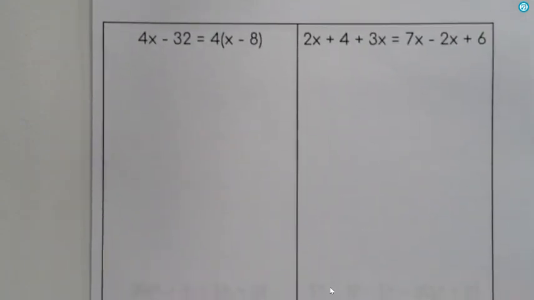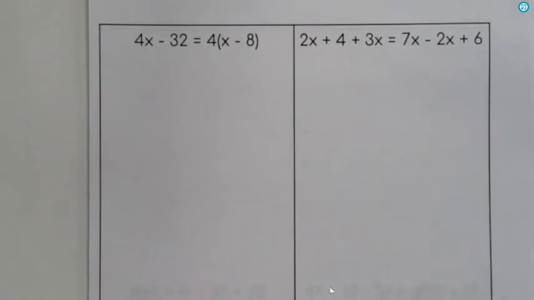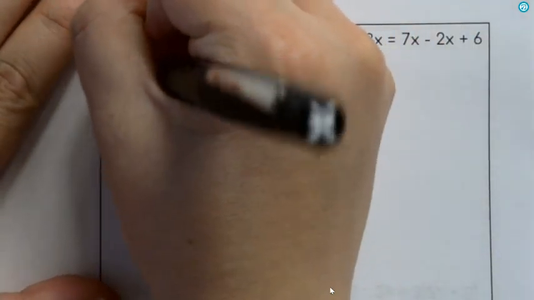and we're going to get started with these first two equations. We've got 4x minus 32 equals 4 times x minus 8. On the left side of the equation, that's already simplified. We've got 4x minus 32, so I'm just going to rewrite it.